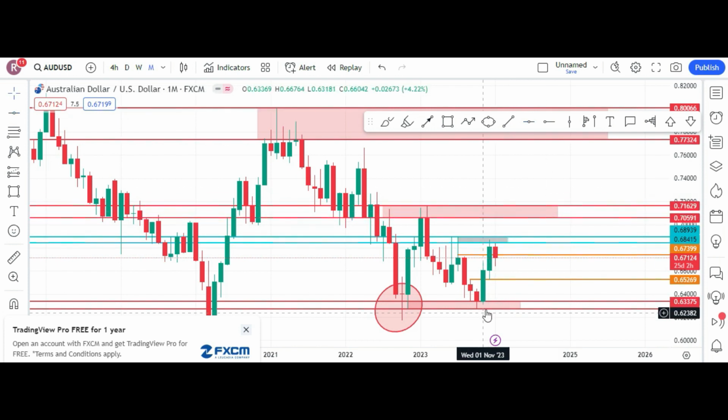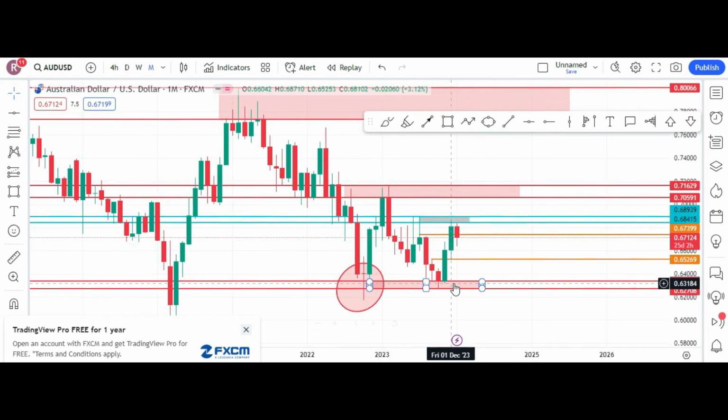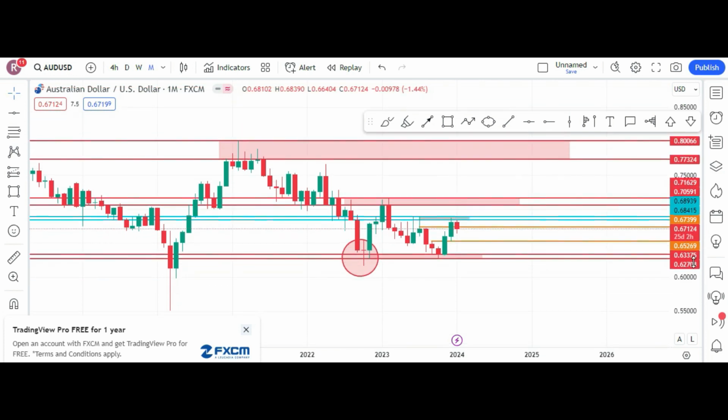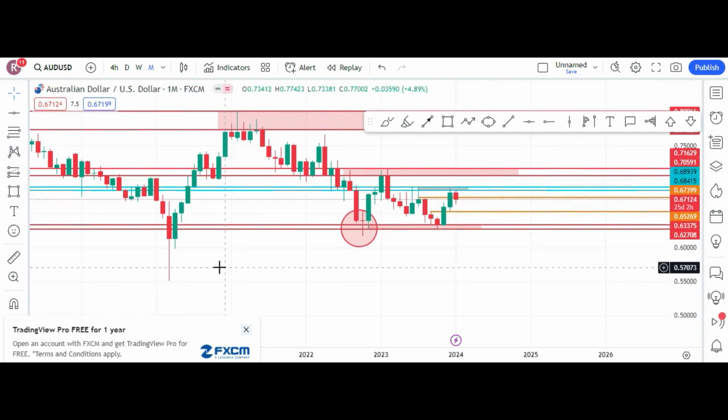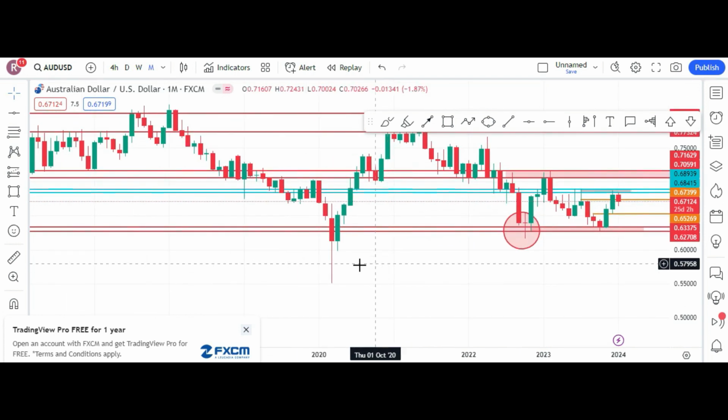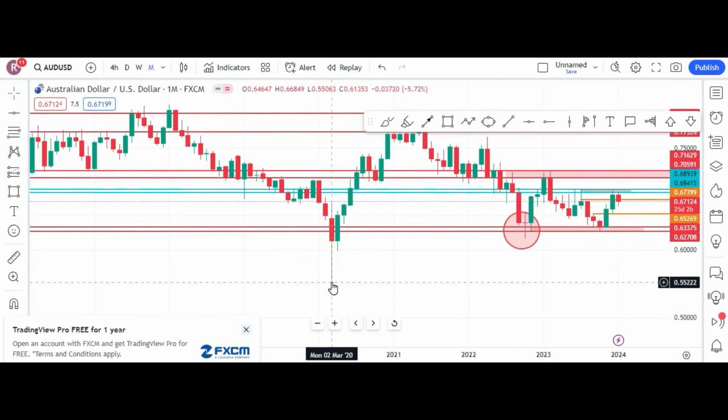So this became the range, and it pushed the price back to almost the same level again. But the remarkable thing we need to consider is that this was the lower low which happened in March 2020.